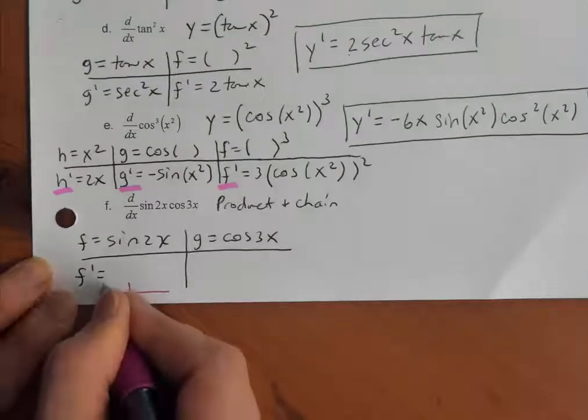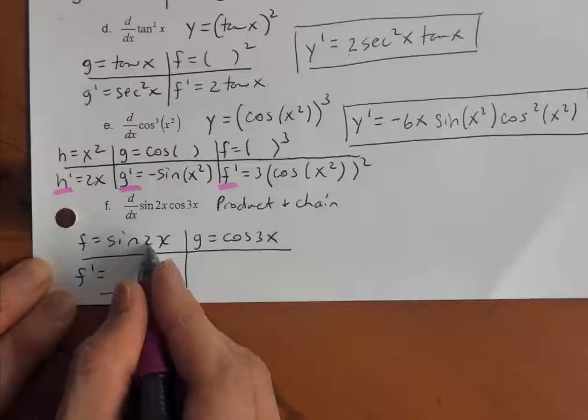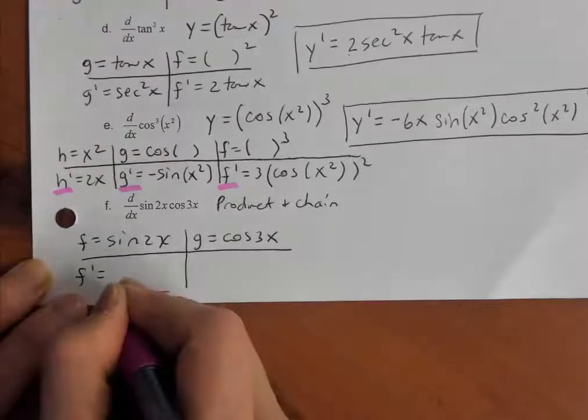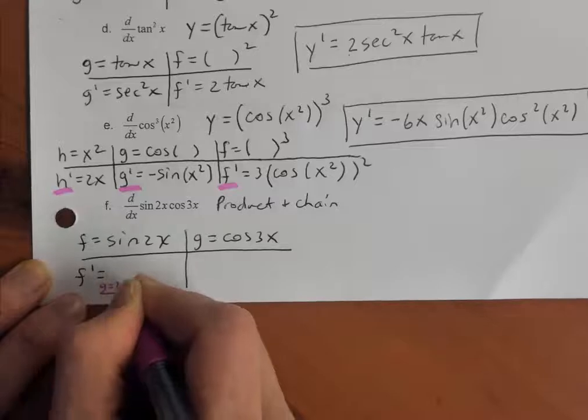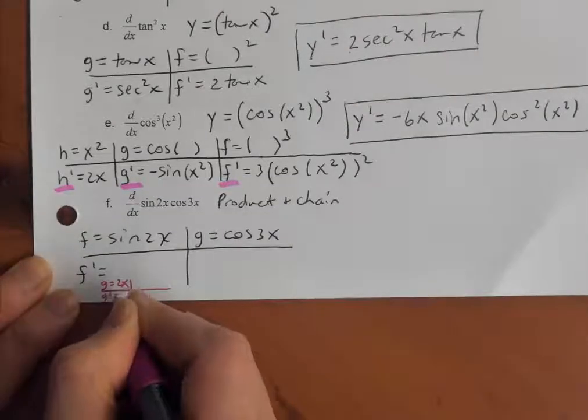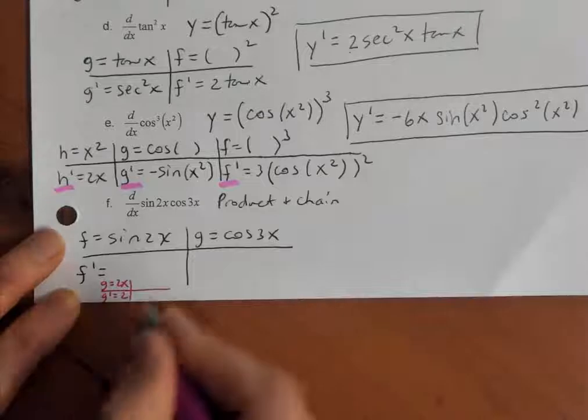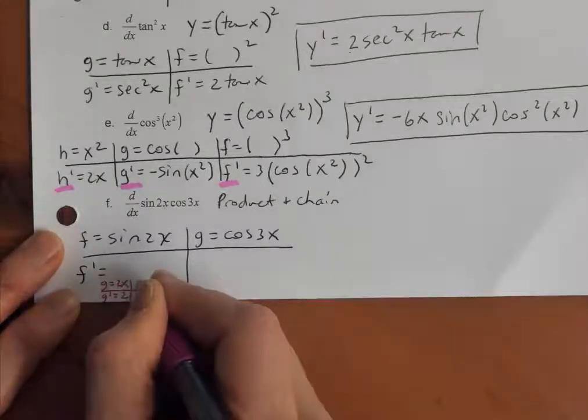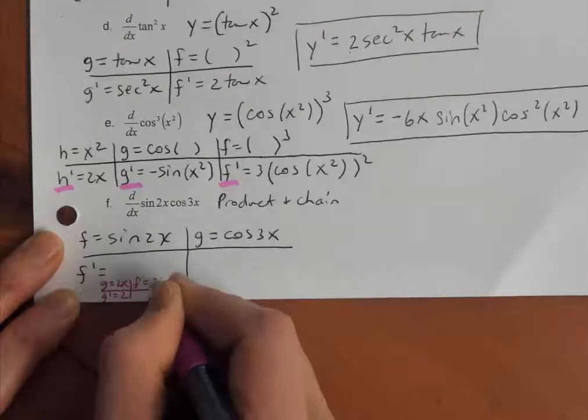So what is my inner on this one? 2x. So g is going to equal 2x. So then that derivative, g prime, is going to be 2. And then my outer is sine of something.